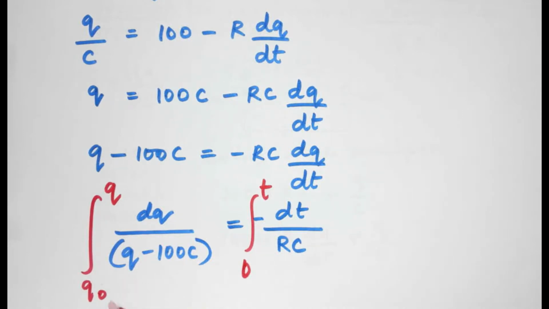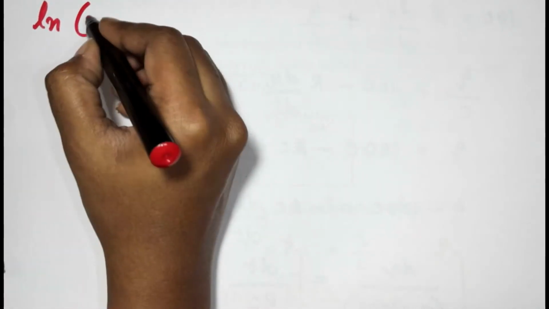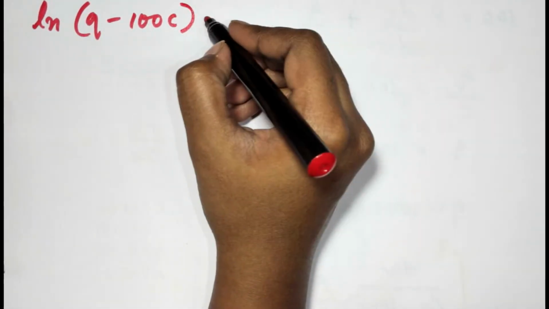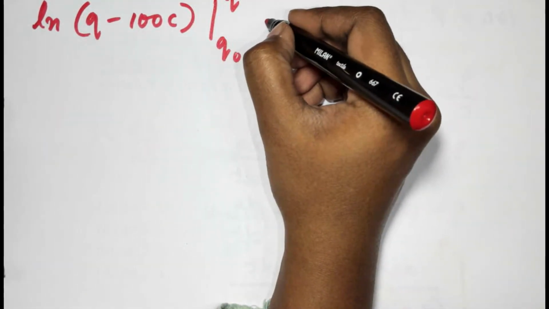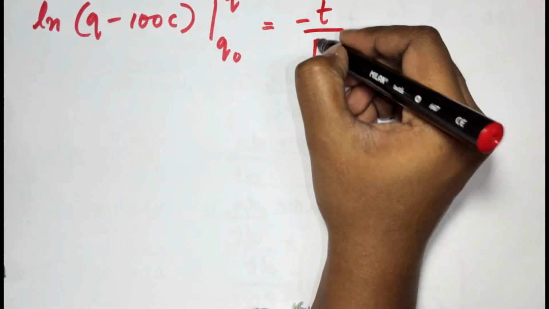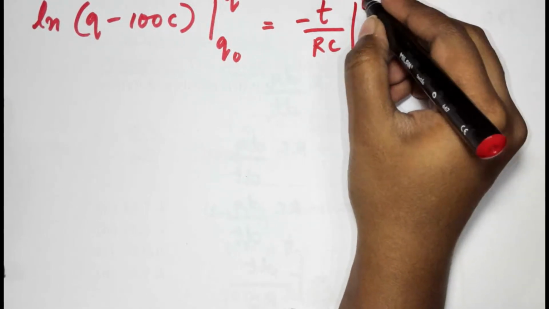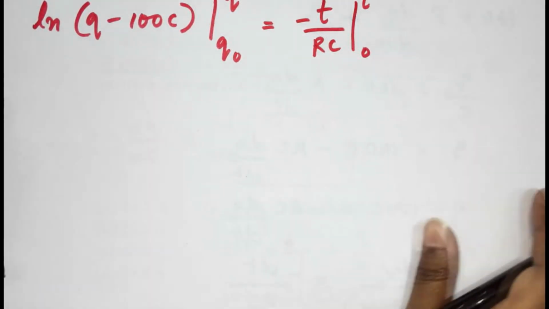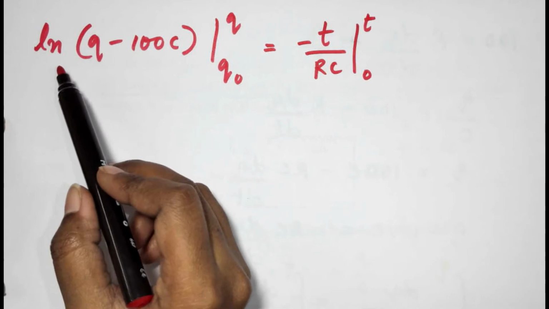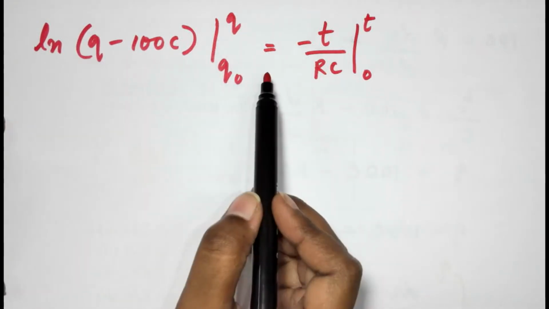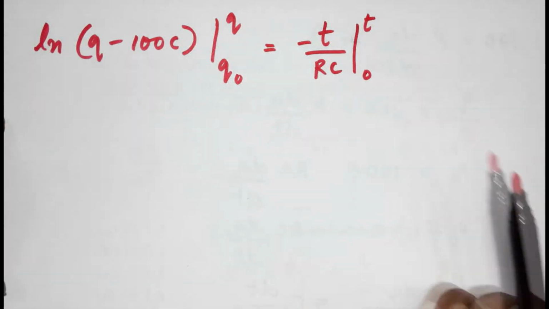Okay, so integrating it, the integral of 1 divided by Q minus 100C is ln of Q minus 100C, from Q0 to Q, and this equals minus t by RC from 0 to t.